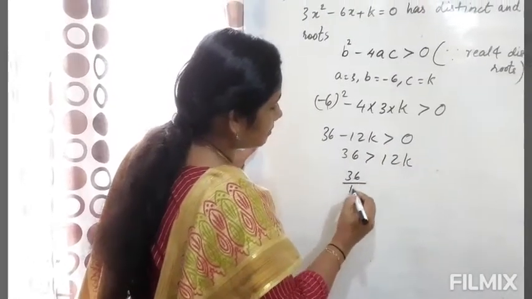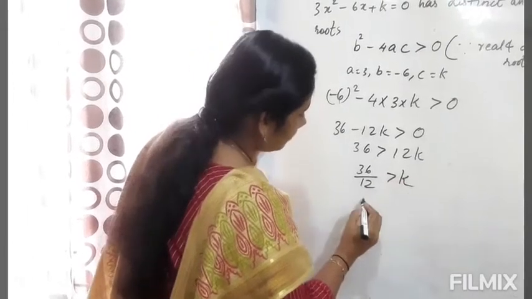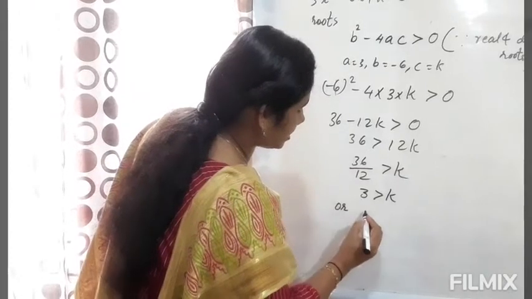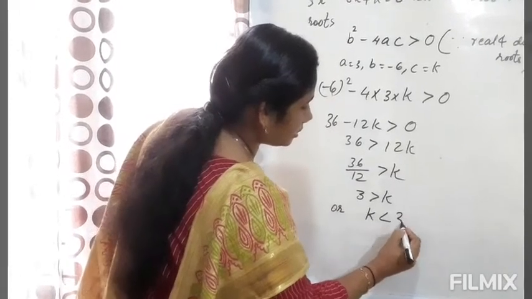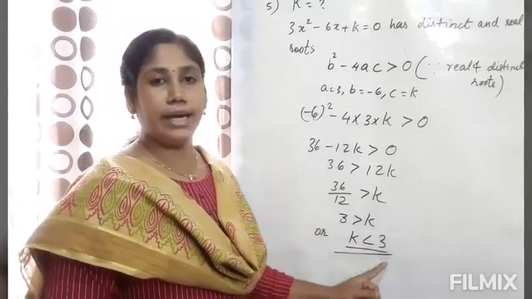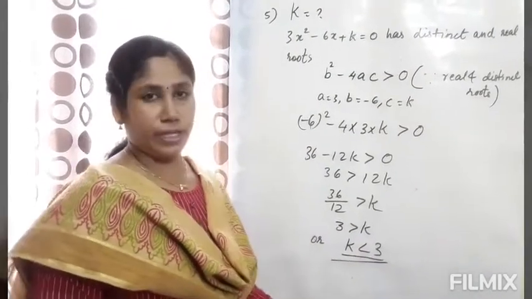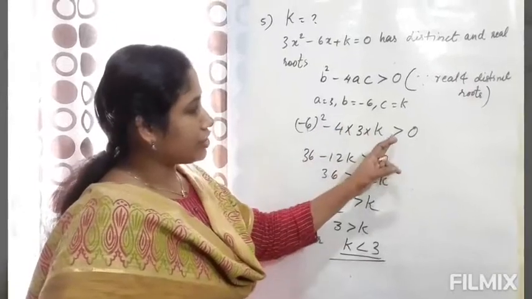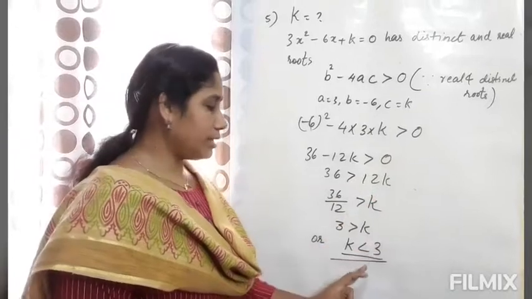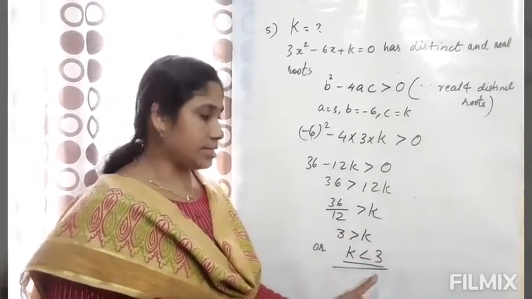Or 36 by 12 greater than k. That is 3 greater than k. Or you can write it the same as k less than 3. That means k has the values less than 3. The condition we can obtain because the condition b square minus 4ac is greater than 0. We know that and we can write the value of k is less than 3.